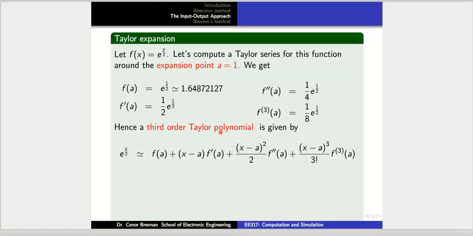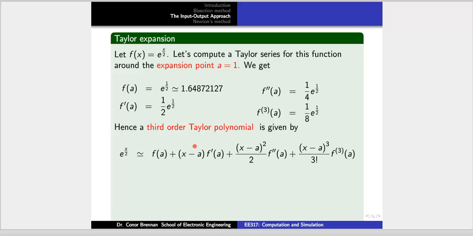We can say a third order Taylor polynomial approximation to this function. This function is not a polynomial, but this is a polynomial approximation to it, obtained by taking these numbers here and using them as coefficients in this expansion.